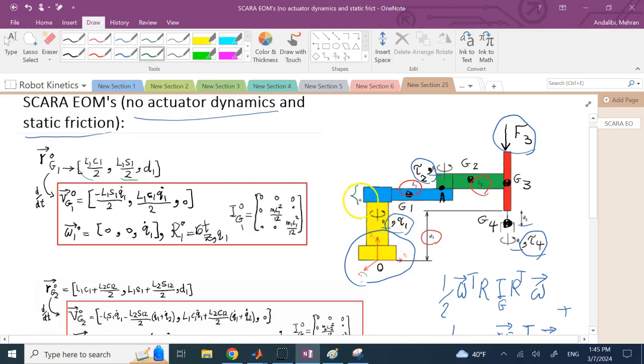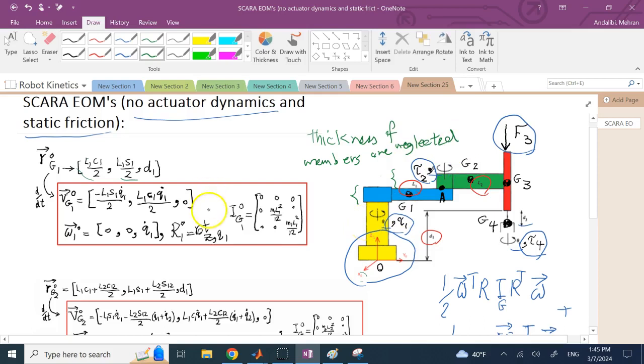Here also we neglect the thickness of the members. If you want, you can add them, but here we just neglect it because they affect the potential energy.